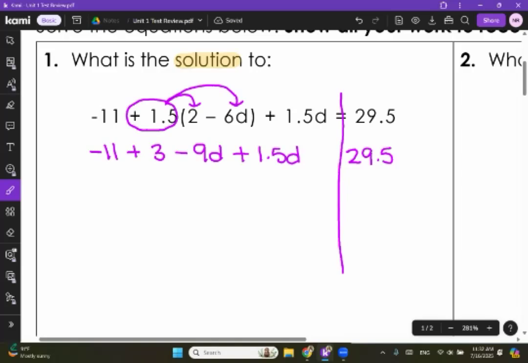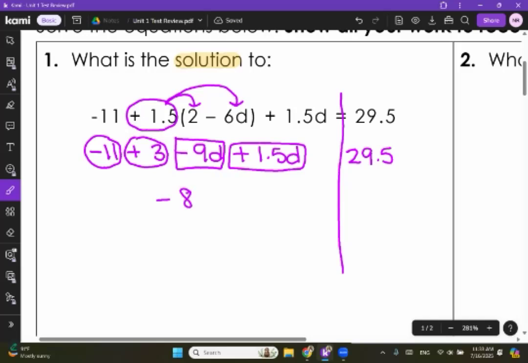From there, we can combine like terms because there's way too many here. So draw your circles, your boxes. Our circles are next to each other, our boxes are next to each other. Negative 11 plus 3 is going to give us negative 8. Negative 9 plus 1.5 is negative 7.5d.